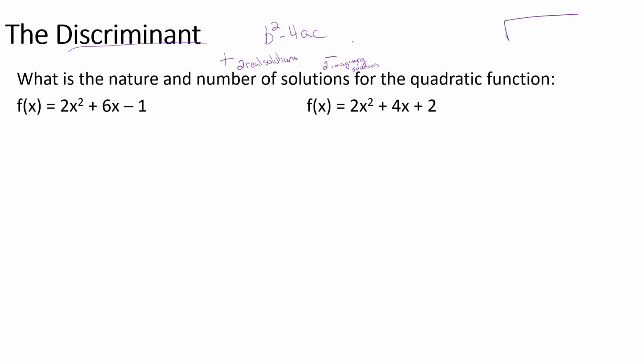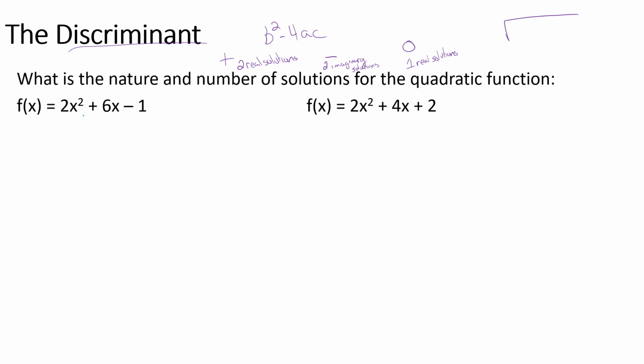When b squared minus 4ac gives you 0, your quadratic function is going to have 1 real solution. And that's when your quadratic comes down and has a vertex sitting on the x-axis.